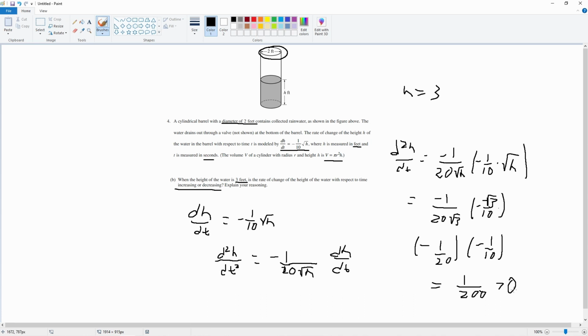And because the derivative of this function is greater than 0, that means that the height of the water at 3 feet is going to be increasing. So I'm going to write increases, or inc for short. And that's our final answer for part B.